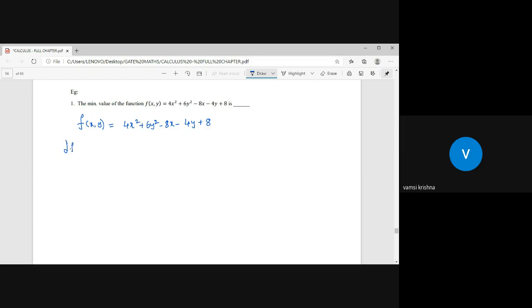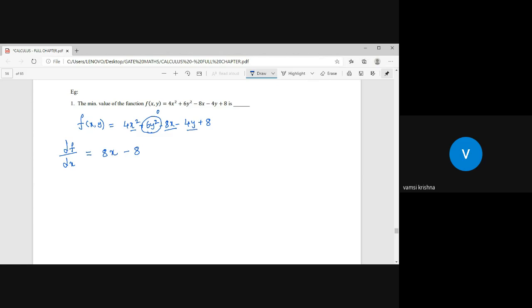Dou f by dou x is equal to, if you differentiate with respect to x, x square differentiation is 2x, so it will become 8x. మీరు పార్షియల్ డిఫరెన్షియేషన్ x తో చేసేటప్పుడు y కాన్స్టెంట్, సో it should be 0, no doubt. And minus 8x differentiation is simply minus 8.